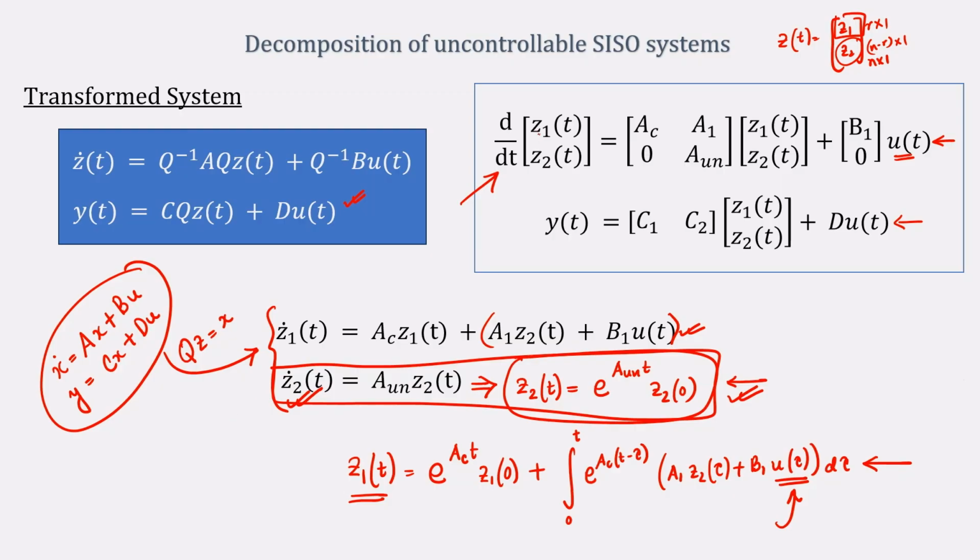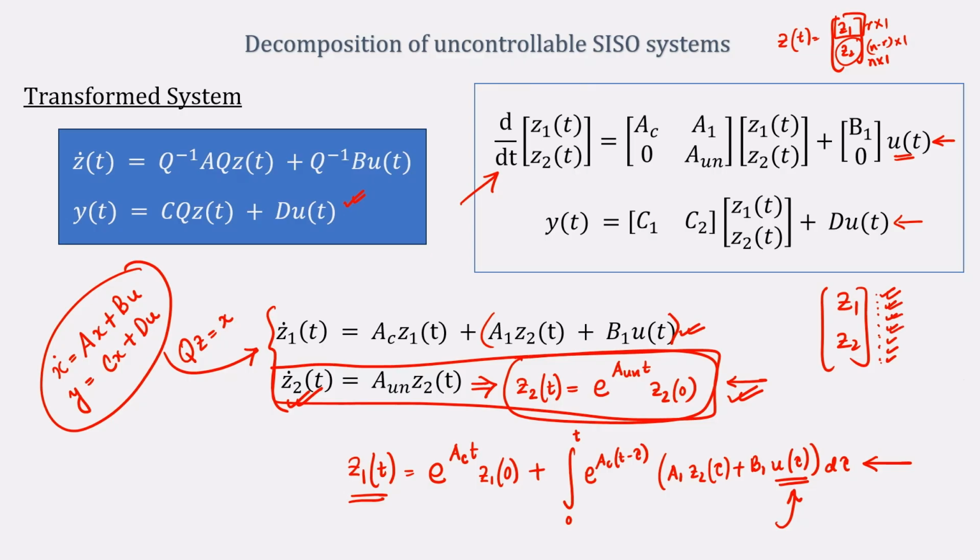So, remember what Z1, Z2 are. Z1 and Z2 form a state vector, which means the elements of these state vectors are state variables. Although they might not have any physical meaning because we have transformed the system, nevertheless these are state variables.